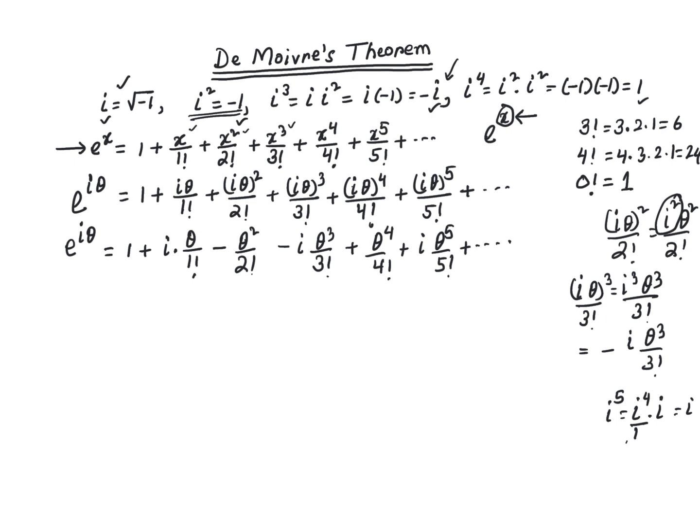At this point, on the right hand side, I'm going to reorganize the terms. e to the power i theta is equal to 1 minus... I'm going to combine the terms that do not have i in them and combine the terms that do have i in them. The ones that do not have i are 1 minus theta squared over 2 factorial plus theta to the power 4 over 4 factorial, and it'll keep going.